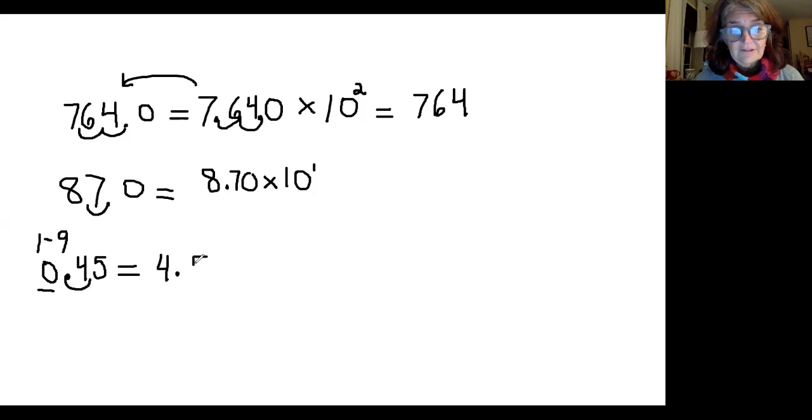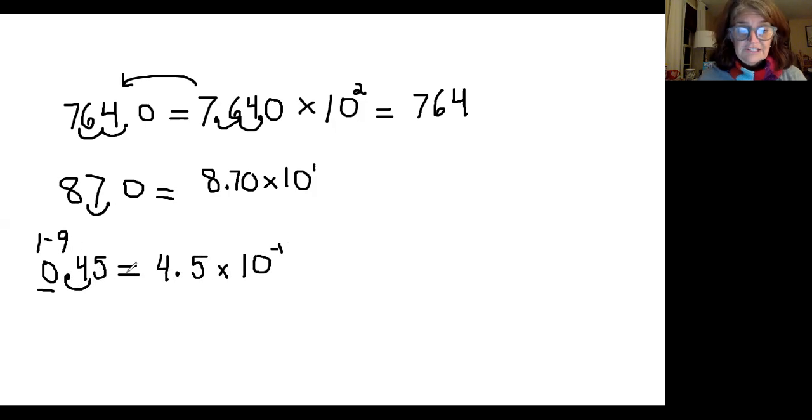So this decimal place needs to be moved so that we can end up with 4.5. But we know that when someone needs to move it back, they're going to need to move it to the negative side, right? That this is a negative 1. So to get from this number back to the number we started with, someone is going to have to move that.